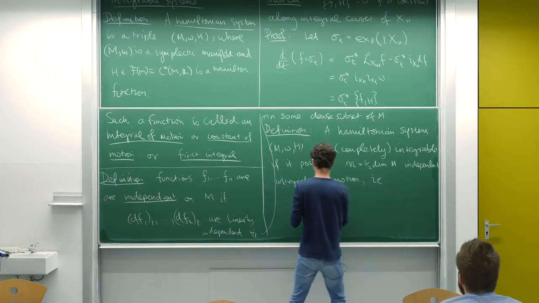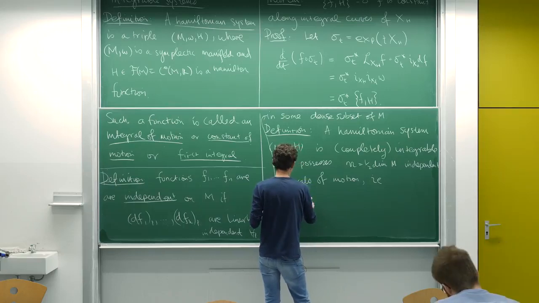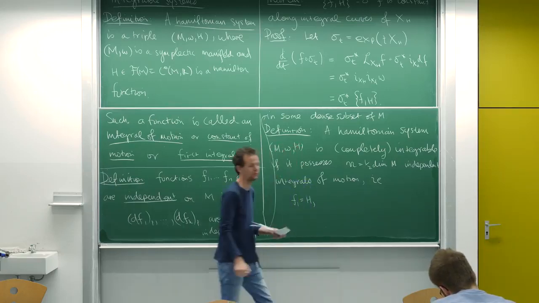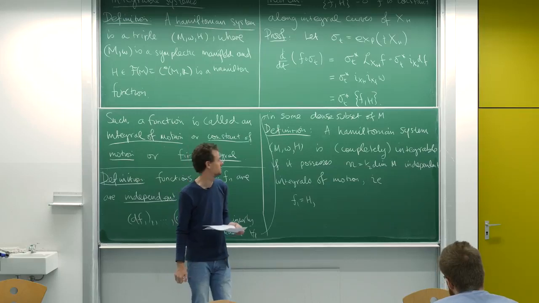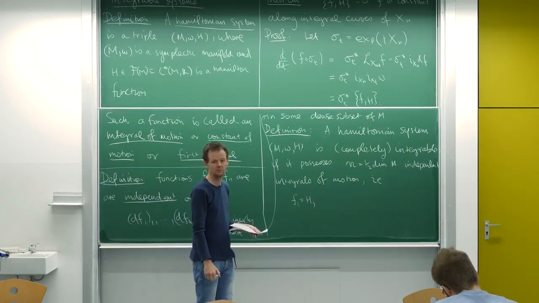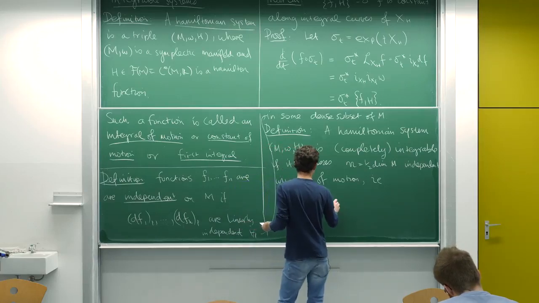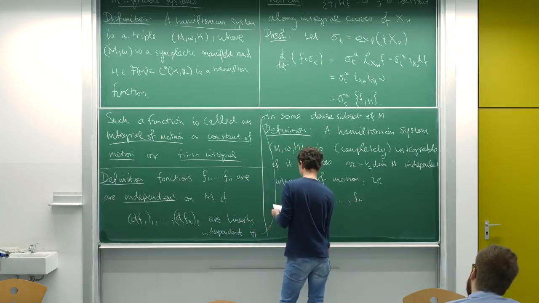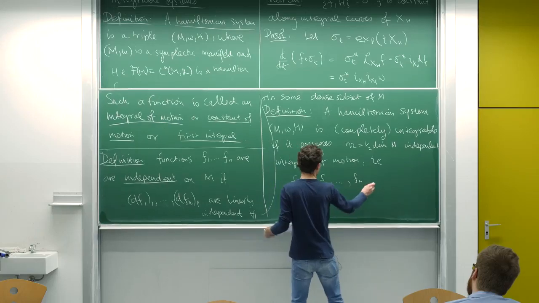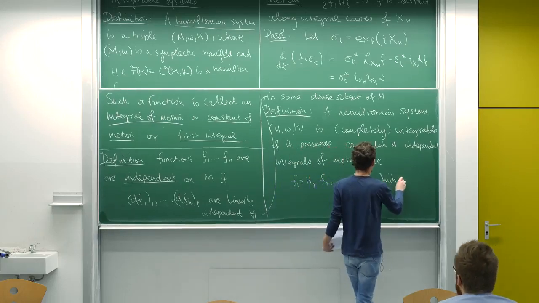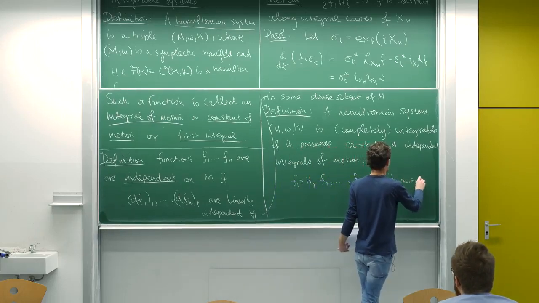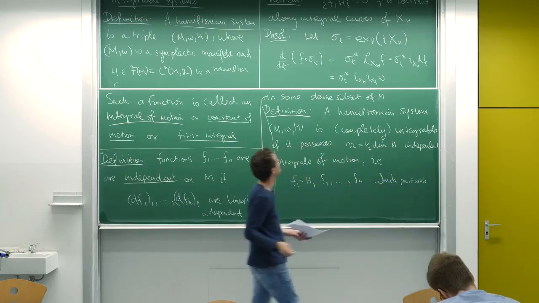And we're going to name them F1 through to Fn. And the first one we'll take to be the Hamilton function itself. And it's not enough that they all commute with the Hamilton function.